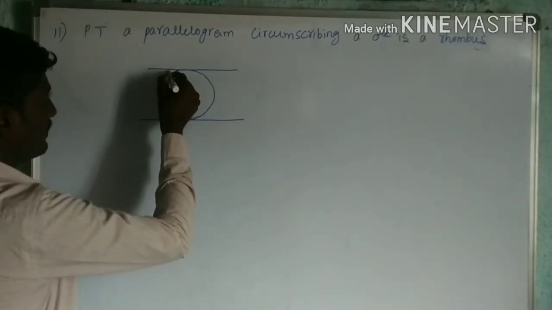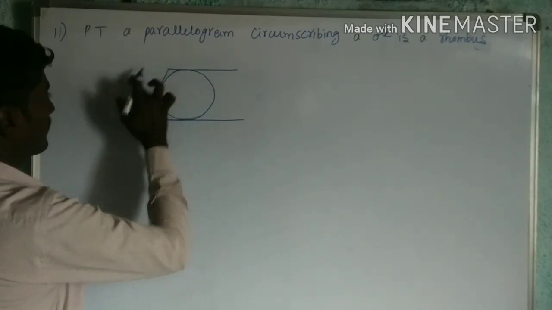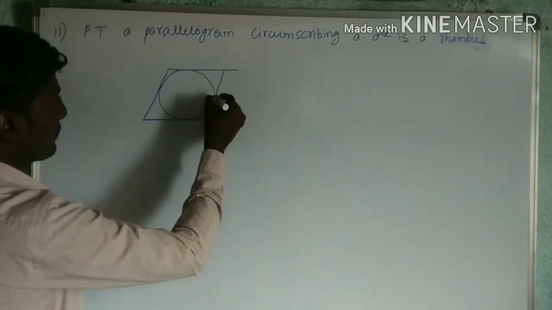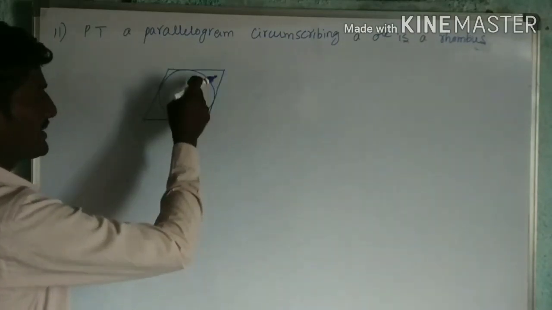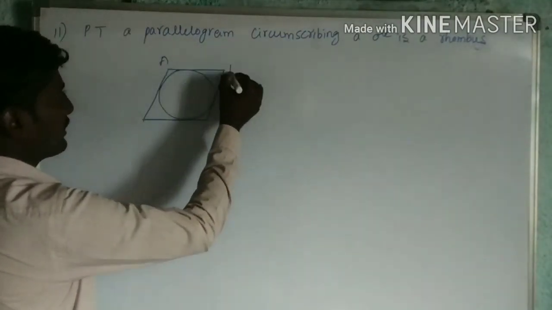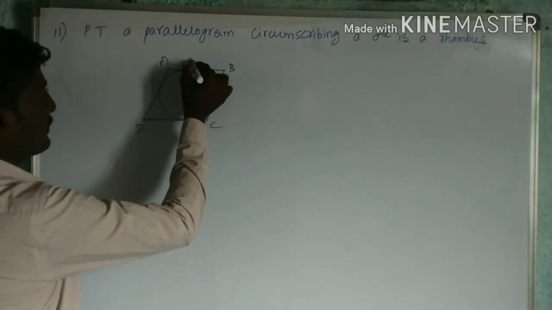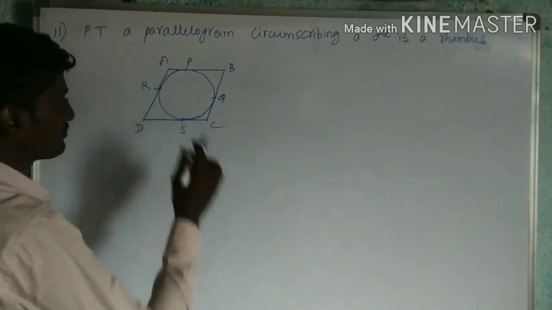Now I can draw, okay, this is the parallelogram circumscribing a circle. So this is A, B, C, D. Now take this as P, Q, R, S.